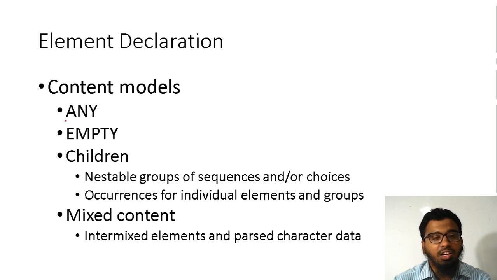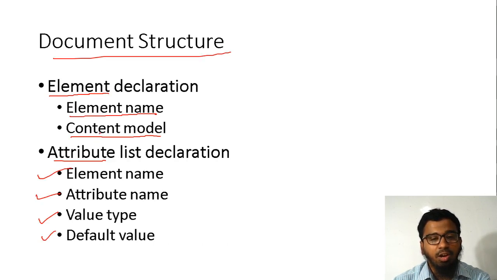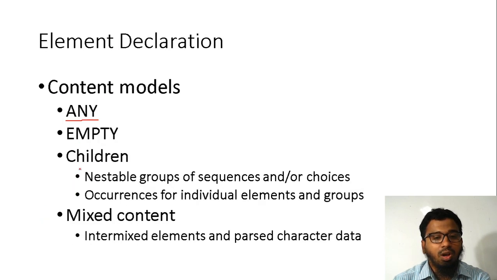Next, what is the element declaration? In the element declaration, there is a content model. What is the content model? Any, empty, and children. What are children? Nestable groups of sequence and choice. Occurrence for individual elements and groups is up to you.